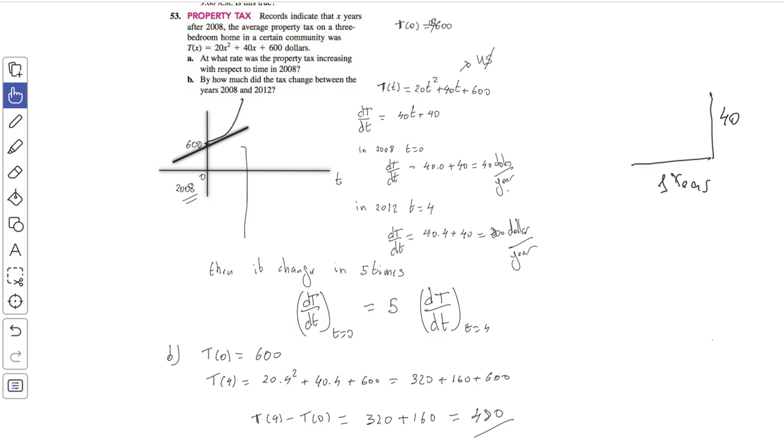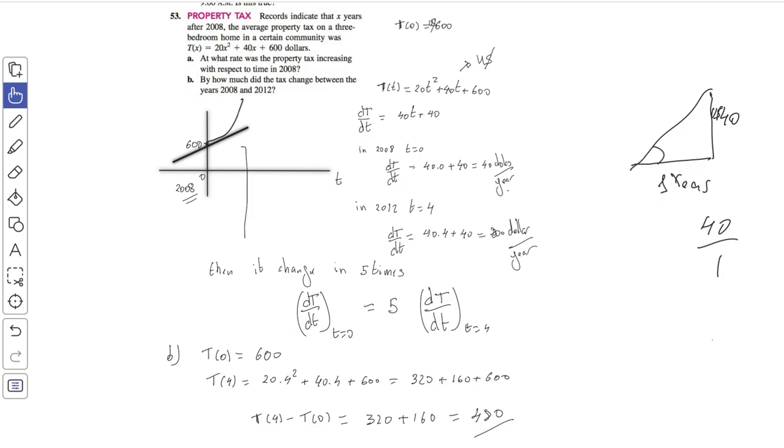So the slope in 2008 is $40. So the slope is 40 divided by 1, opposite divided by adjacent, or rise divided by run.